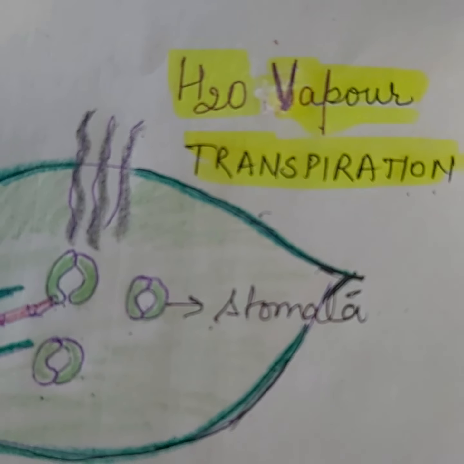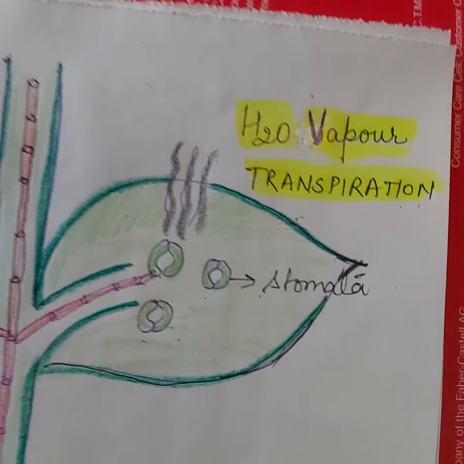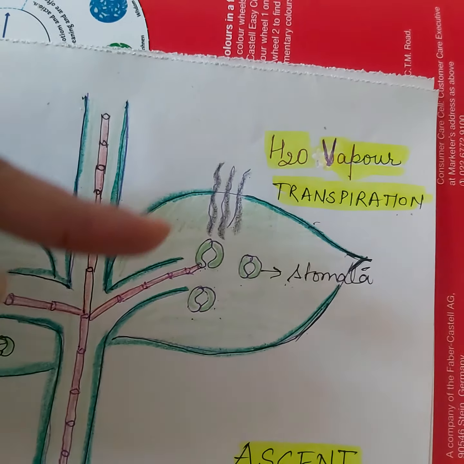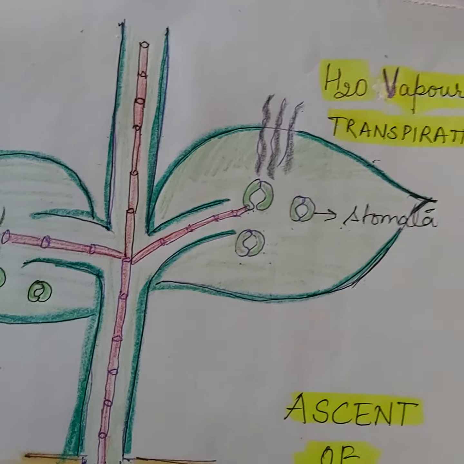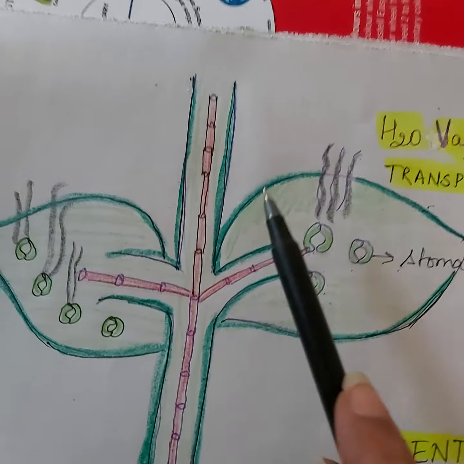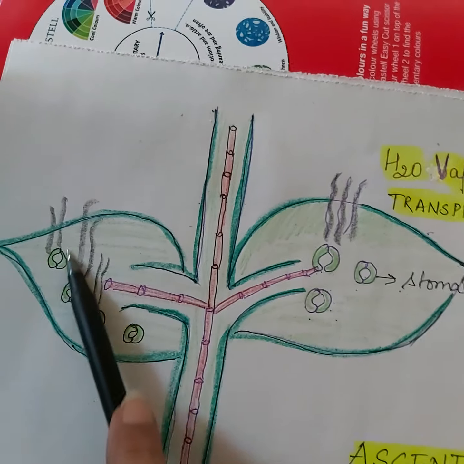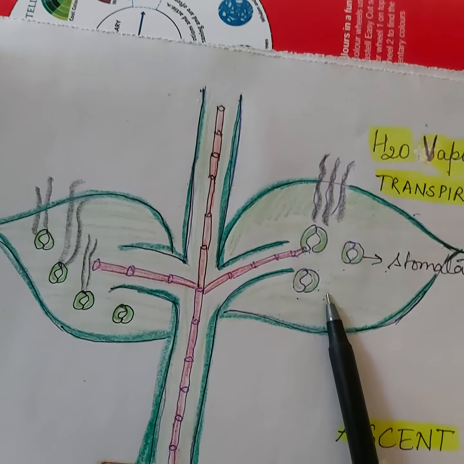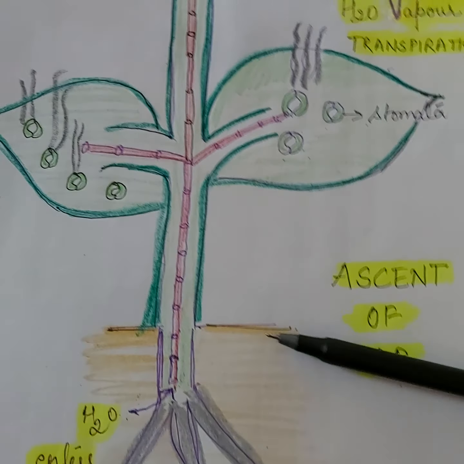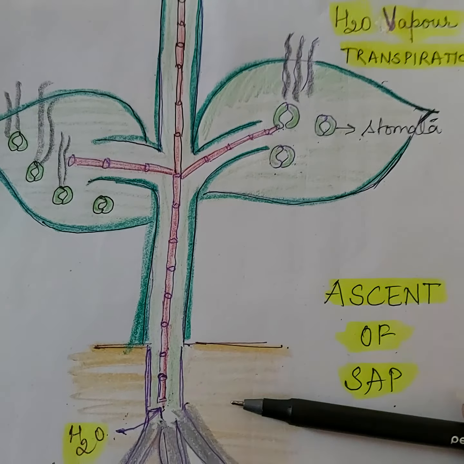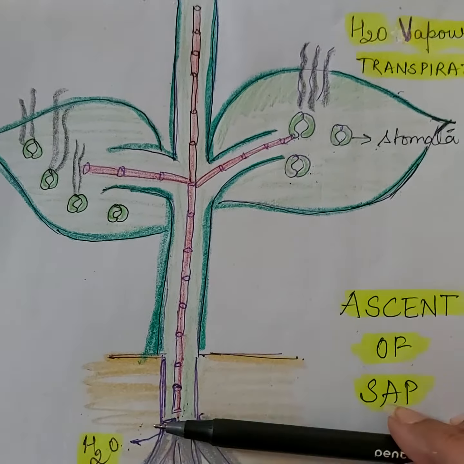Right? So what is happening, children? During the daytime, the water from the plant is evaporating through the stomata by the process of transpiration. As a result, the water concentration in the aerial parts is becoming less. Yes or no? Due to transpiration. And here the water is more in the soil. So don't you think a gradient has been developed?